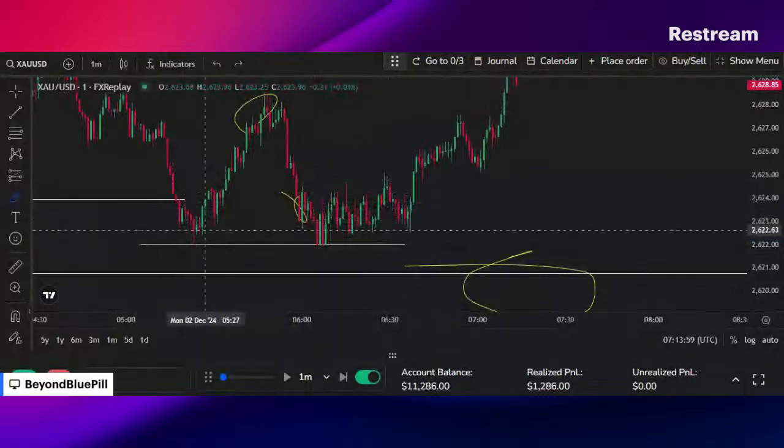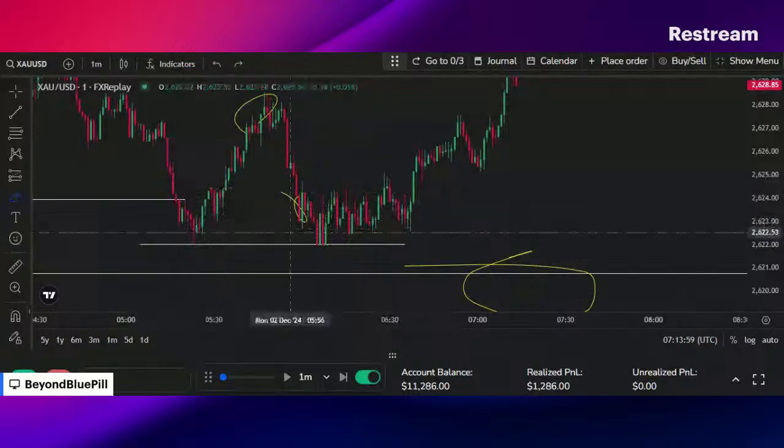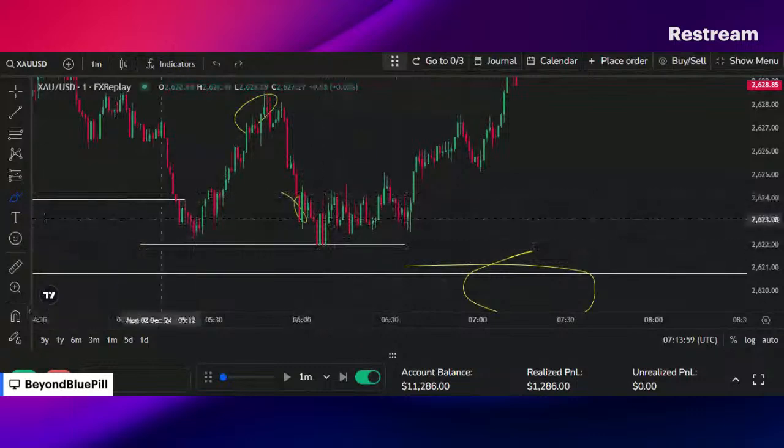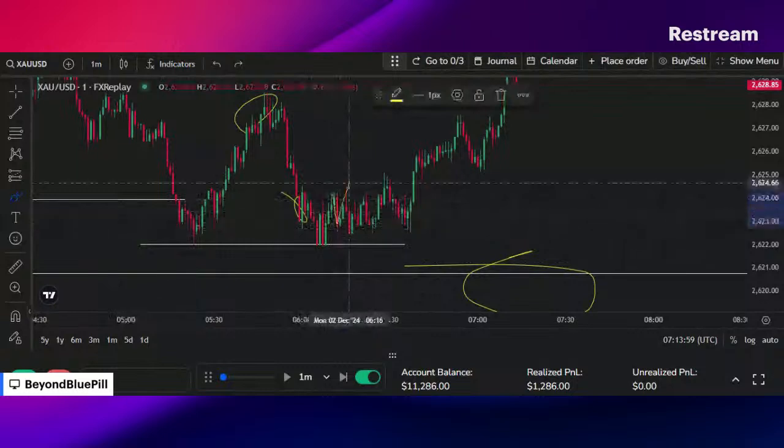Right here I was a little bit confused because we had a drop, then price traded up above, below. We had our first step, then we had our double bottom. So failure, we failed this, and right after that we took that one.